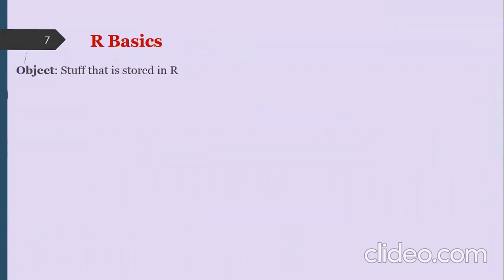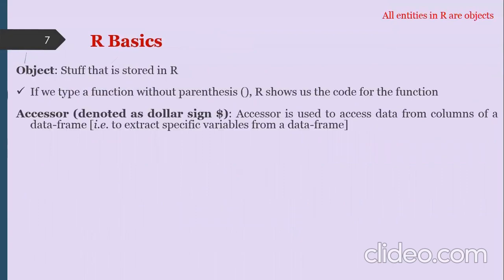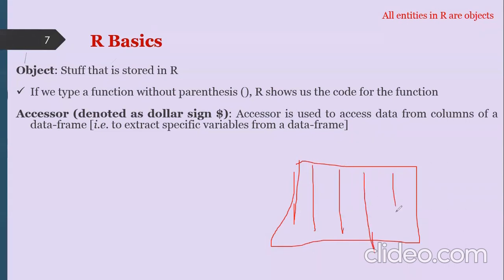And after that we have the objects stored in R, and there is a sign that is the accessor. The accessor is used to access data from the columns of a data frame. If we have a data frame, like a table with some data, and that data has different columns, say column number 1, that is the serial number, column number 2, column number 3, and then 4 and 5.